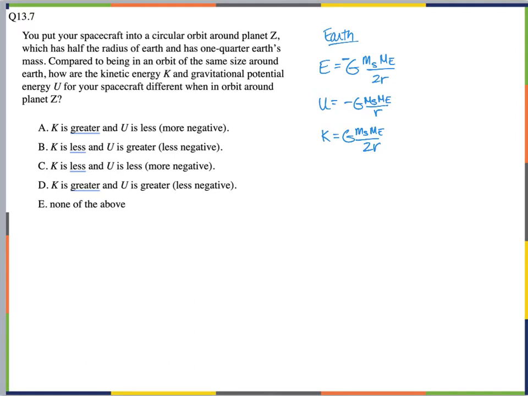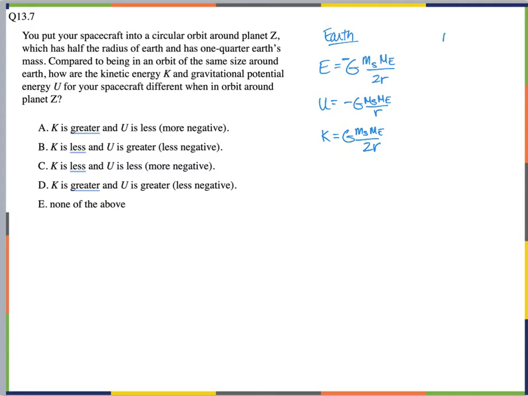So these are all the terms that are going to help us, because they want to ask us what's the difference in these energies when the spacecraft is in orbit around planet Z compared to when it's in orbit around planet Earth. The thing that's going to change these values is going to be the mass.